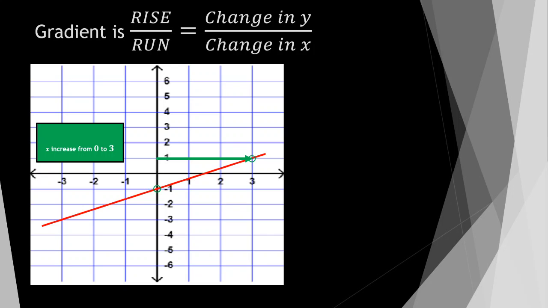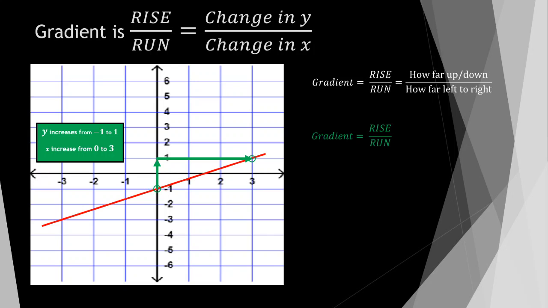It's traveled from x equals 0 to x equals 3, and the y value has gone from -1 to 1, so it's also increased. We remember that the gradient equals rise over run, and the rise is how far up or down, and the run is how far left to right, and it has gone up 2 and right 3. So that means our gradient for this line here is 2 over 3.